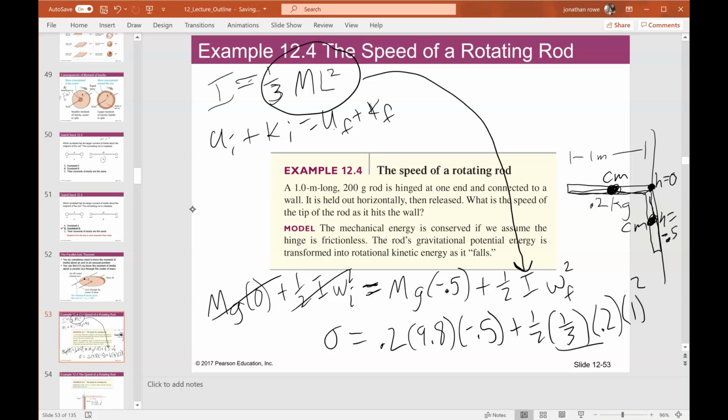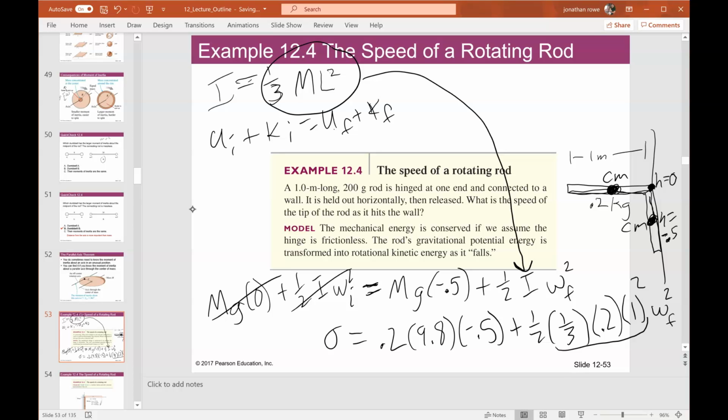So that whole expression there is the I, and then omega f squared. And again, omega is what I'm looking for. So all I have to do is the arithmetic, multiply that together, move it over, divide it, take the square root, and that should give me omega.